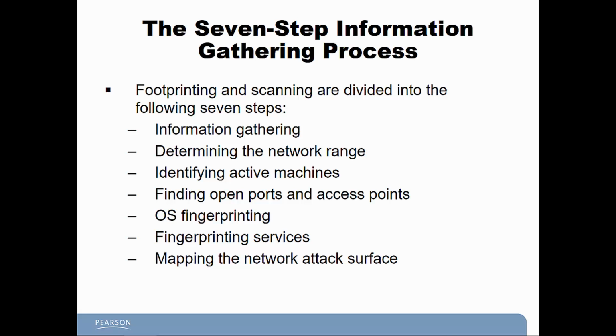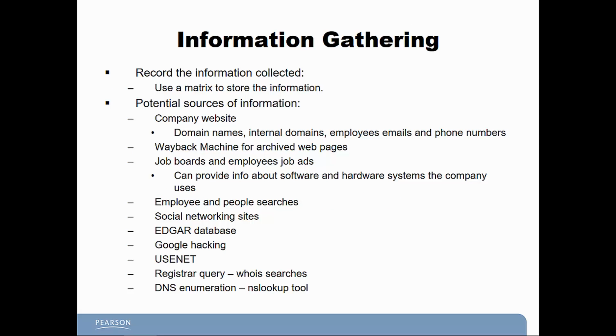Alright, so part of that information gathering could be access from maybe a company's website. If you have access to an internal intranet, or maybe from employees' emails, phone directory. Normally when we're doing this, we're going to be trying to build some form of matrix. That way we can see the structure of an organization.